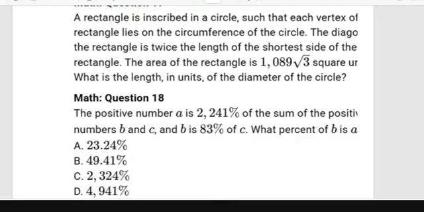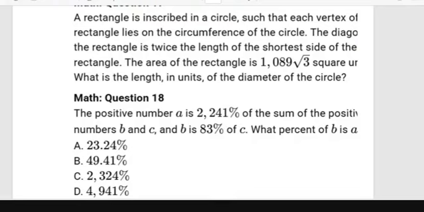The area of the rectangle is 1089 root 3 square units. What is the length in units of the diameter of the circle?